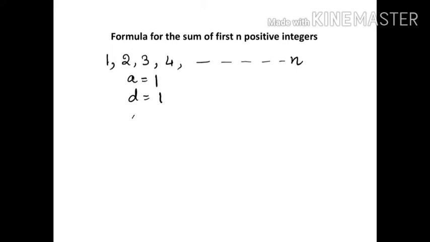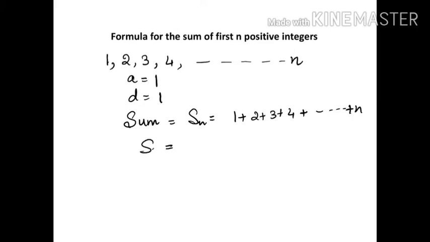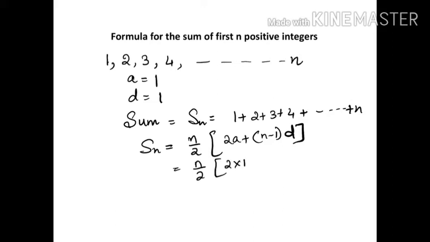So using this, let's find out the sum, which is 1 plus 2 plus 3 plus 4 plus so on till n terms. So using the formula, Sn is equal to n upon 2 times 2a plus n minus 1 times d, we get n upon 2, 2 into 1, substituting the values of a and d.